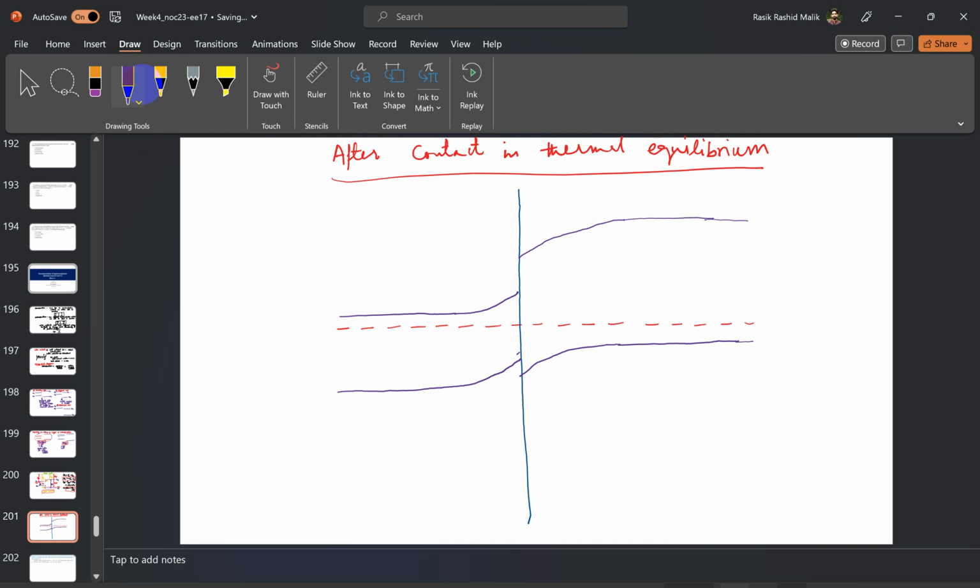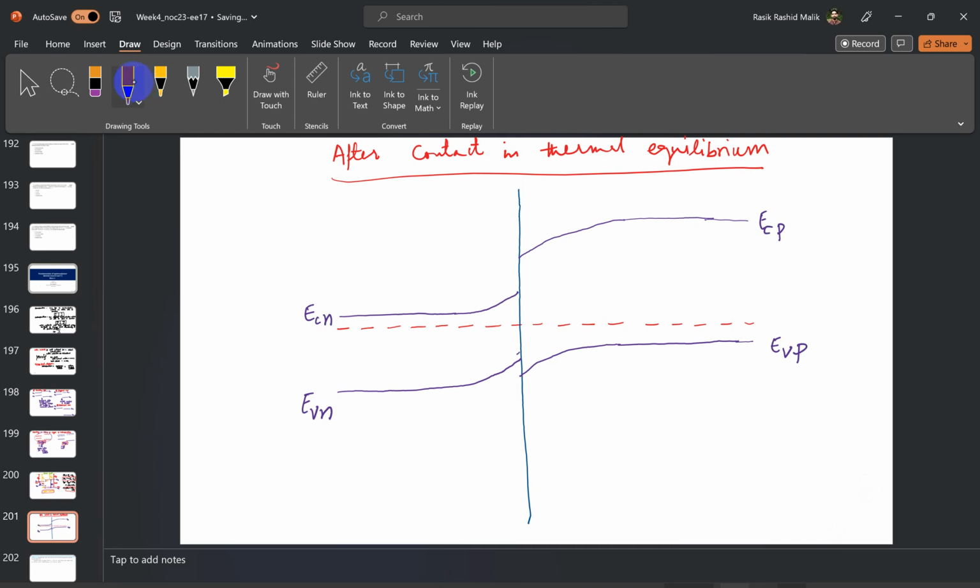Let me draw the notation again. This is EC on the p side, this is EV on the p side, this is EV on the n side, and this is EC on the n side.